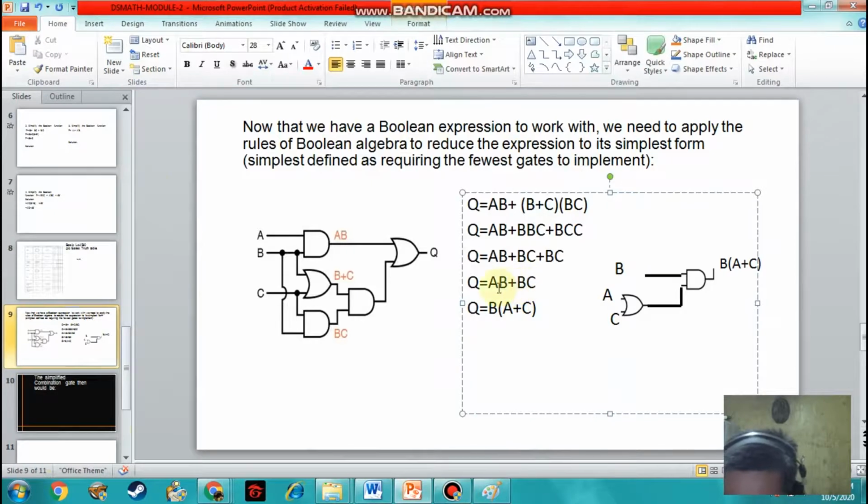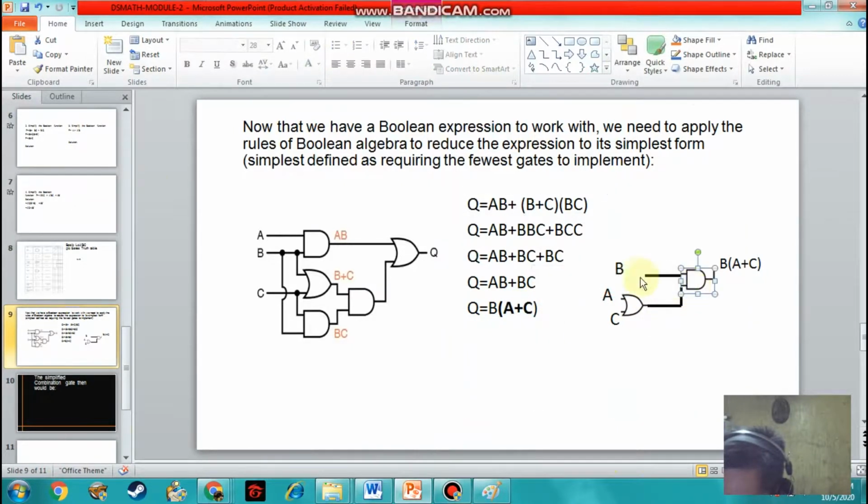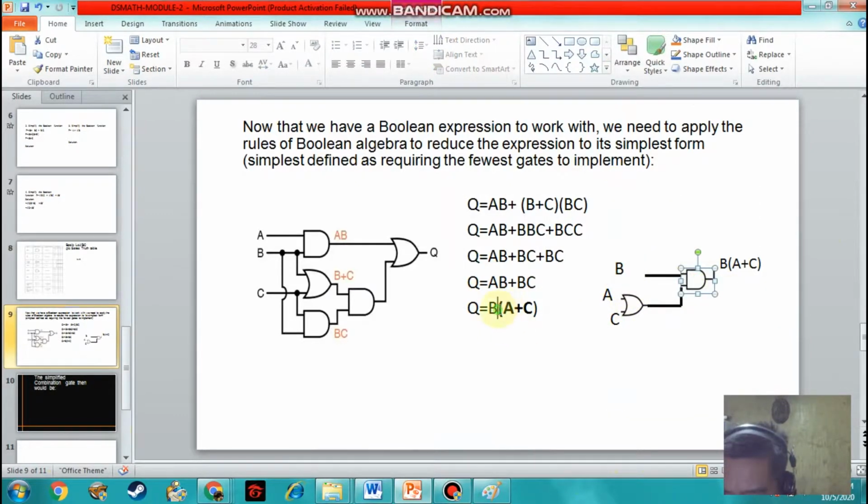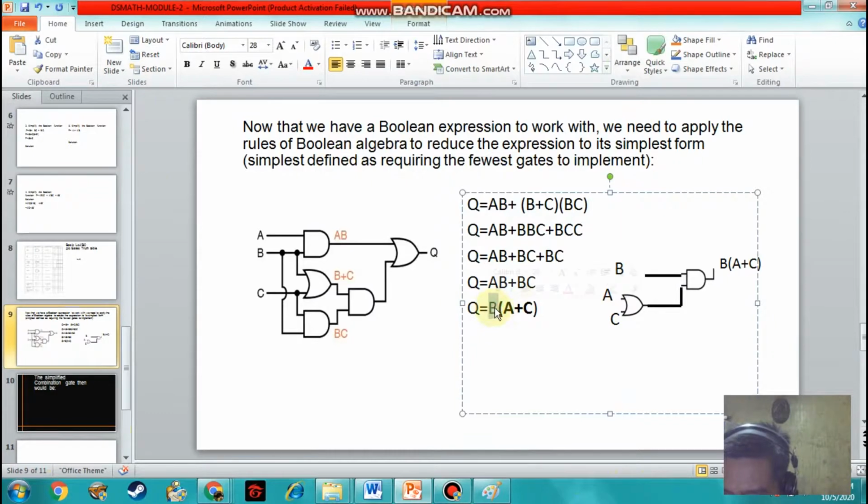So, ito, common yung B, then B times quantity A plus C. So, ito na lang, parang isang OR gate na i-AND natin kasi quantity to kay B. So, isang OR gate na A plus C, tapos i-AND natin kay B. Ayan. So, isang AND gate kasi ito, tsaka itong B multiplied by quantity A plus C. Kasi ang OR gate plus ang AND multiply. So, ayan.